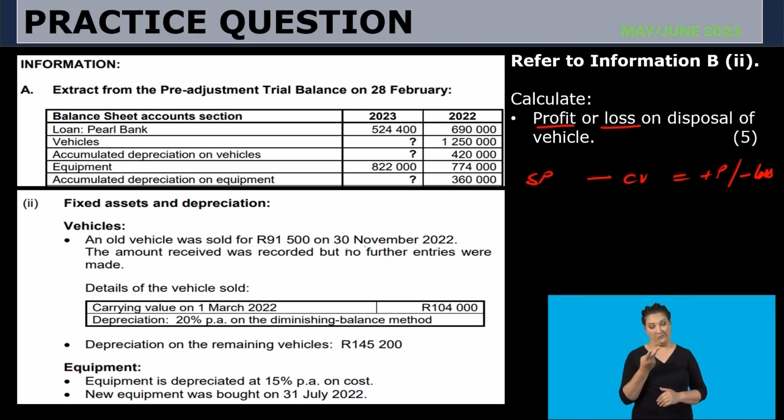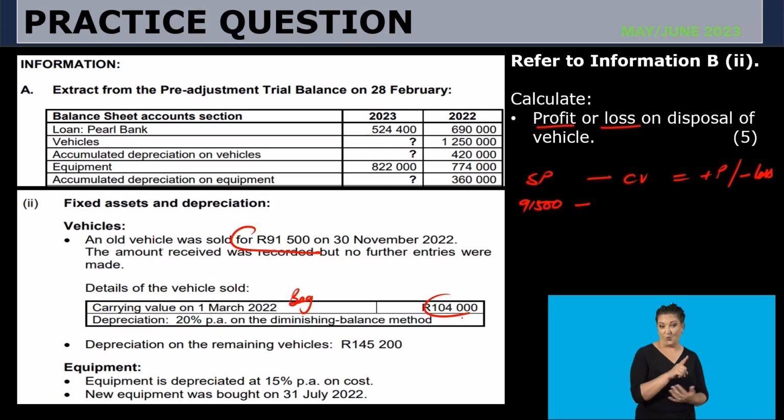Let's see. What was the selling price of this particular asset? An old vehicle was sold for 91.5. So the selling price becomes 91,500. That's the selling price, minus. Now we need the carrying value. We're told the carrying value as of 1 March. 1 March is the beginning of the financial year.